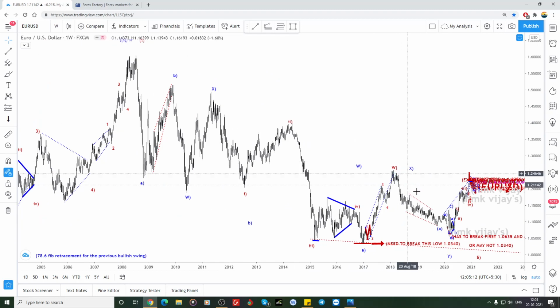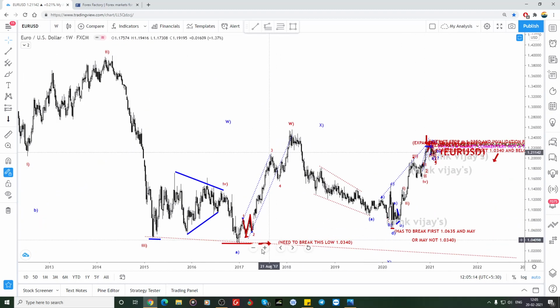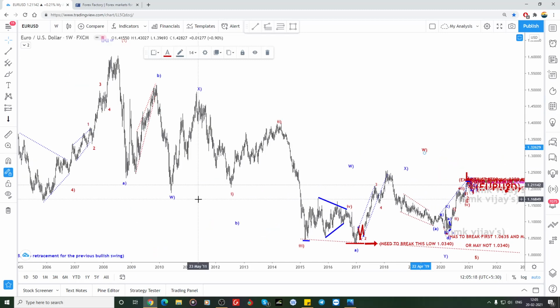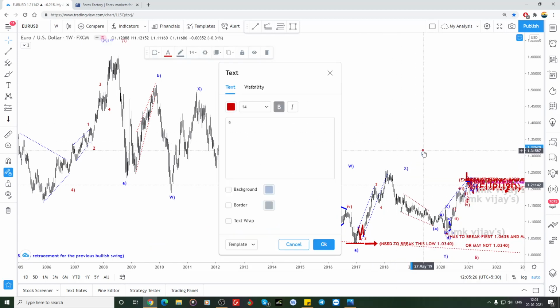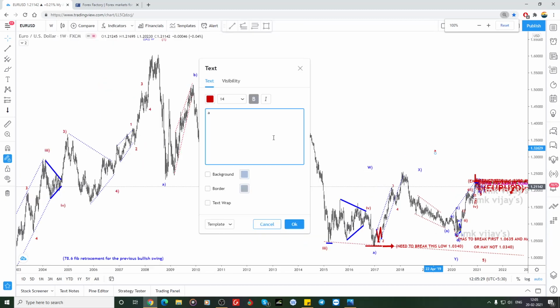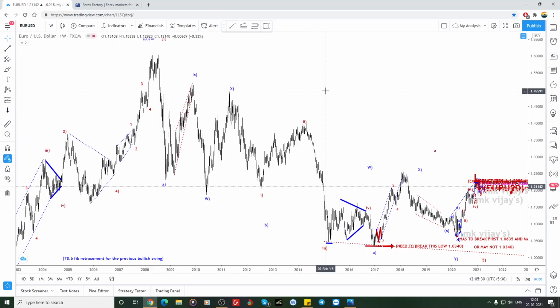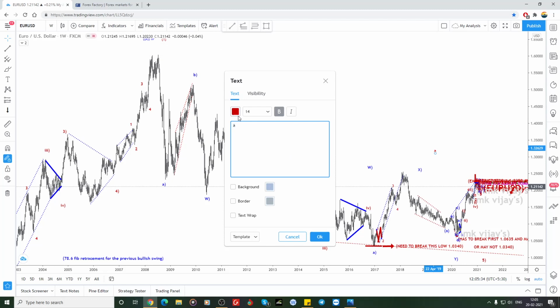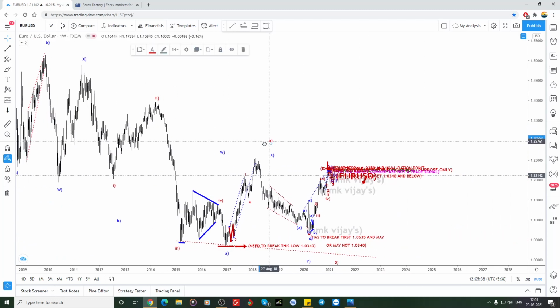Now we are in the B wave. So same thing, we need to change here. We can make this a red color A. This is a red color A, the 5-wave structure.